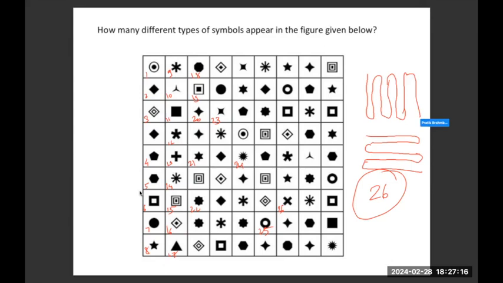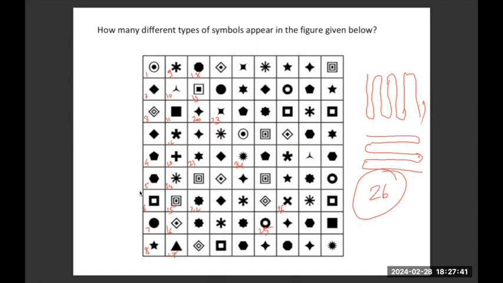But go systematically with either of the methods. Don't go randomly around searching which is different and how can I find it very quickly. That method of going randomly will waste a lot of your time, and you won't be able to finish in time. So yeah, thank you. Now we'll move to the next one.